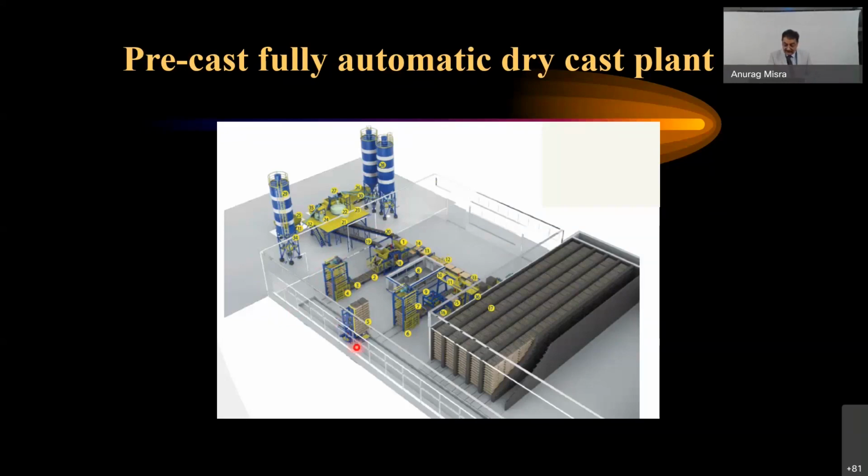When it is completely filled, this finger car goes here, takes them and keeps it in the curing chamber. And after placing this here, some of them which are ready, this takes them back, one is stacked back and leaves it here in this dispensing chamber. And from there, it goes to the cuber.